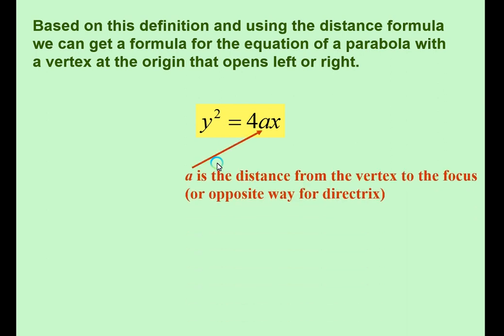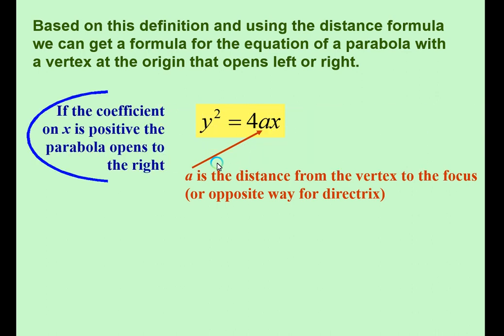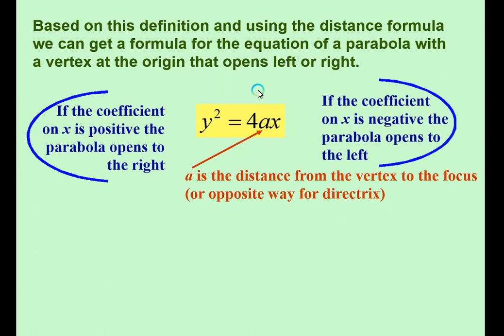A is the distance from the vertex to the focus, or the opposite way to the directrix. If the coefficient of x is positive, then the parabola opens to the right. On the other hand, if the coefficient of x is negative, the parabola opens to the left.